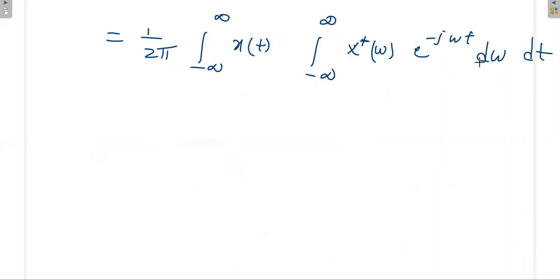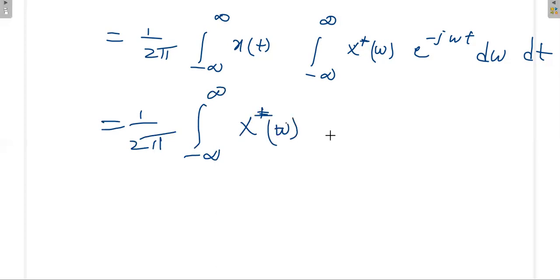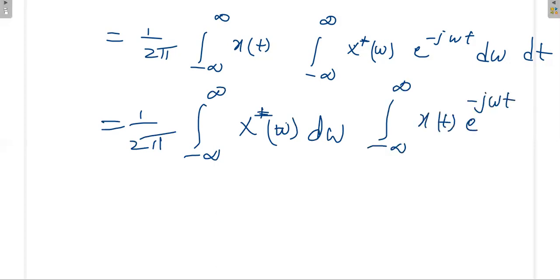Okay, so this dt we can take it here, or otherwise this d omega and this integration we can separately write like this. So 1 by 2 pi integral minus infinity to plus infinity X star of omega and then this d omega. Again, this integration minus infinity to plus infinity x(t) e power minus j omega t dt.